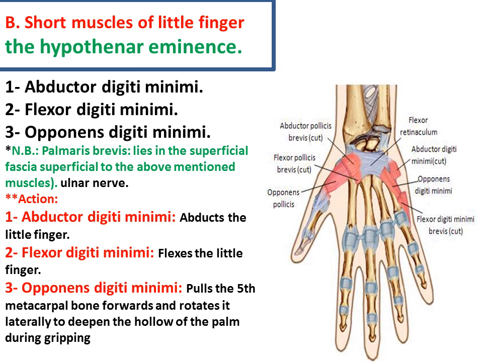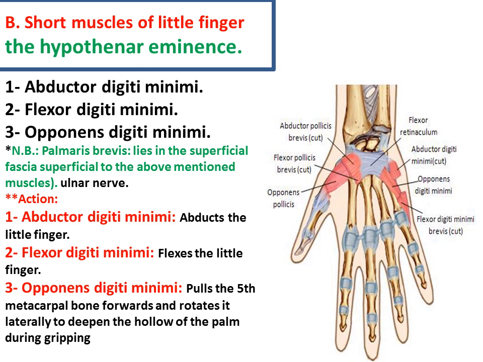Here we have 3 for the little finger or the hypothenar eminence: abductor digiti minimi, flexor digiti minimi, opponens digiti minimi, deep and between them, and palmaris brevis muscle superficial in the superficial fascia above the mentioned muscles.